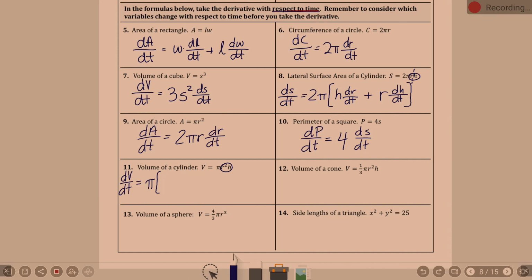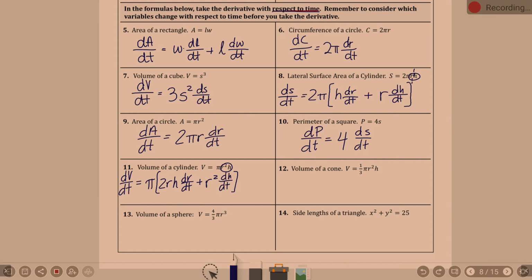The derivative of r squared is 2r. Keep the h and dr dt, plus, this time keeping the r squared, and the derivative of h is 1, dh dt.